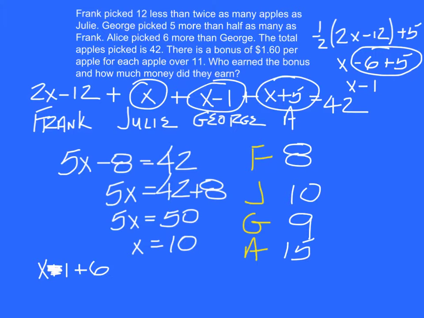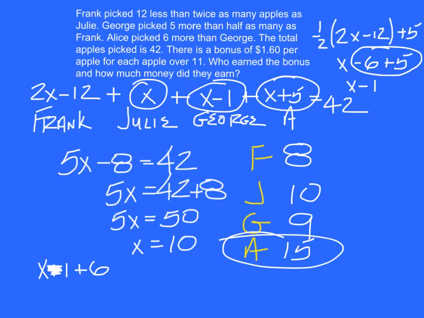There is a bonus of $1.60 per apple for each apple over 11. Does that mean I take the number of apples they picked and multiply it by 160? No. What should I do? $1.60, yes. Who had the bonus?